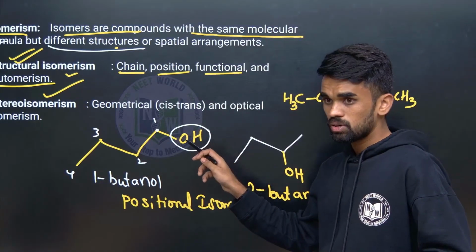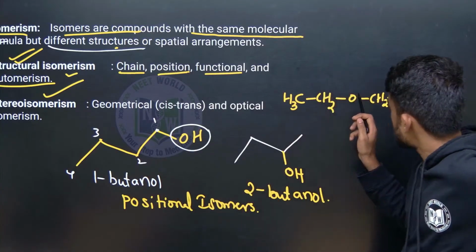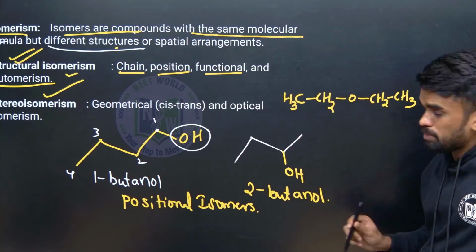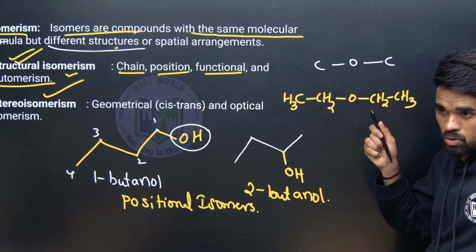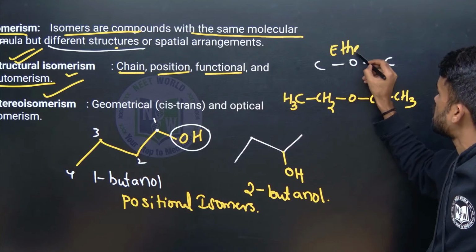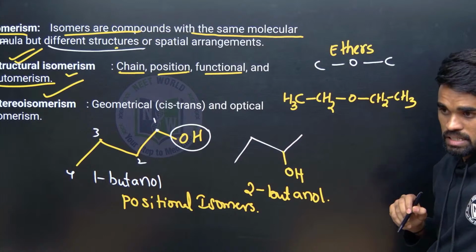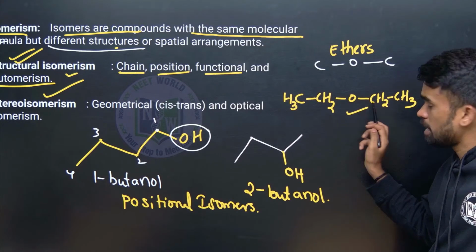Here we have alcohol, so we say butanol. These have an R-O-R bond, meaning an alkyl group, carbon atom, oxygen, again a carbon atom, in this manner. So we can call them ethers. Now it is an ether, diethyl ether we can say.